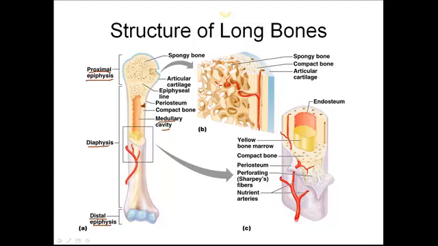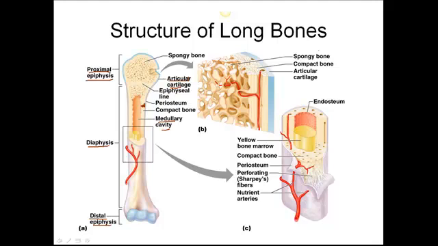And it stores fat, and it's the cradle for forming red and white blood cells. This is all spongy bone in here. So the spongy bone looks like this, and it's got a lot of blood vessels in it. If you break a bone, it's going to bleed a lot. And here around the joint surface is the articular, meaning joint surface, cartilage.